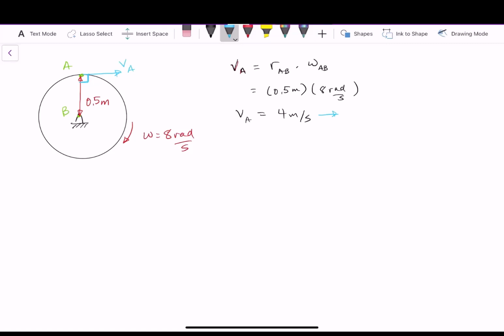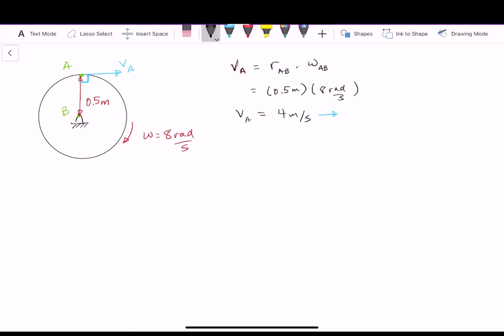What we also found in part 1 was that in order to calculate an unknown velocity, we have to include a relative velocity term.